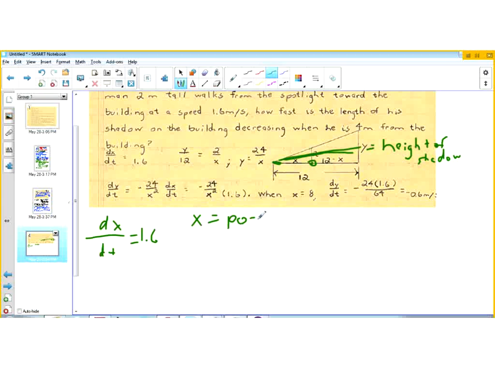So we say that X is position, or actually not position, distance from spotlight.